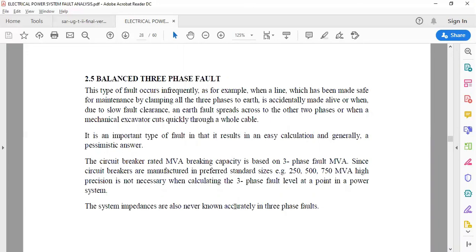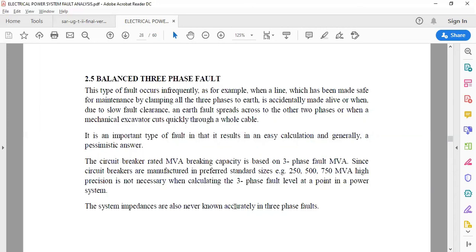It is an important type of fault in that it results in easy calculations and generally pessimistic answers. So the analysis of the balanced three-phase fault is very easy as compared to unsymmetrical faults. Whenever all three phases are involved, there will be a fault, and these are very rare faults.